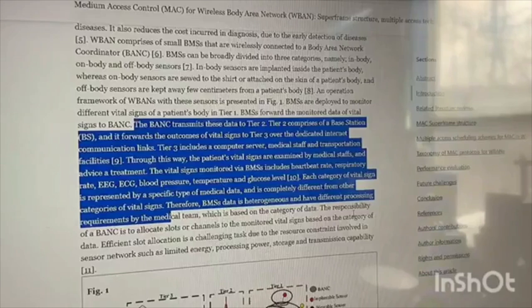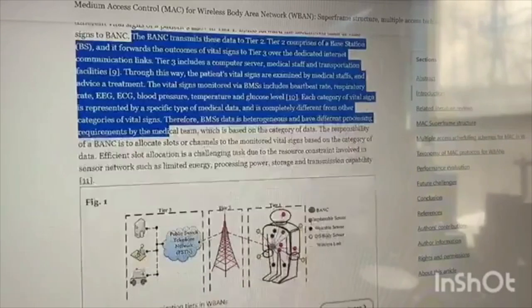The vital signs monitored via biomedical sensors include heartbeat, respiratory, ECG, blood pressure, temperature, and glucose level. Each category of vital sign is represented by a specific type of medical data and is completely different from other categories of vital signs. Therefore, biomedical sensor data is heterogeneous and has different processing requirements by the medical team, which is based on the category of data.